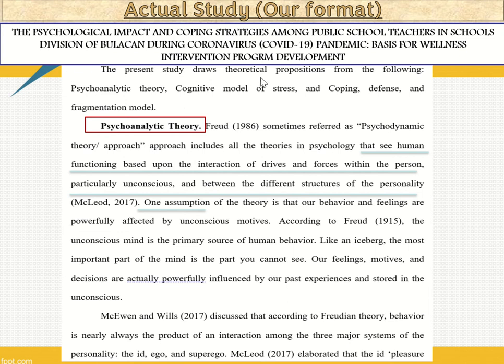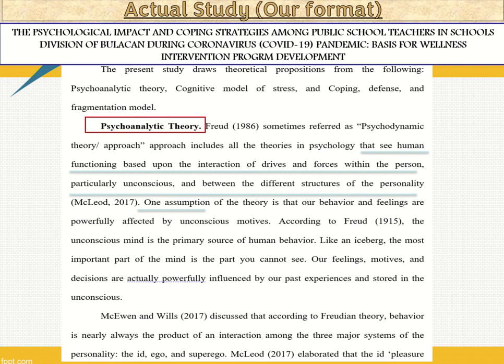The study draws theoretical propositions from the following, if you enumerate the three or the theories that you got. If individual, you can also say, the study draws theoretical proposition from, and then the name of the authors. For example, from Freud, and then the title of the theory, Psychoanalytic Theory, which states that, whatever the statement of the theory is, what the theory is all about, and then further explain the assumptions.